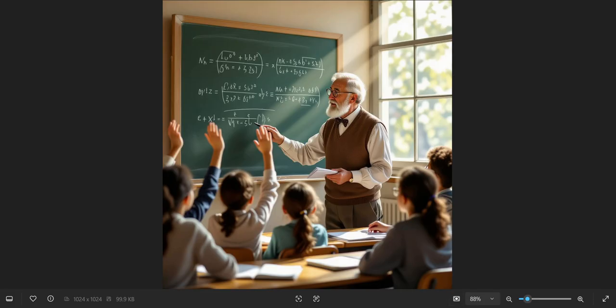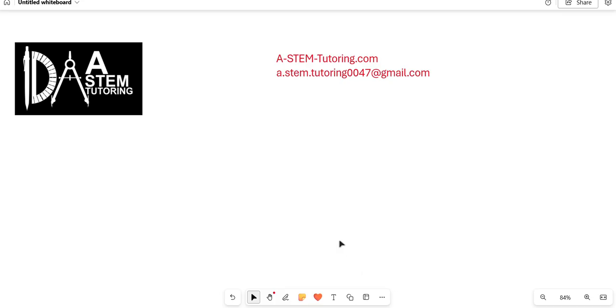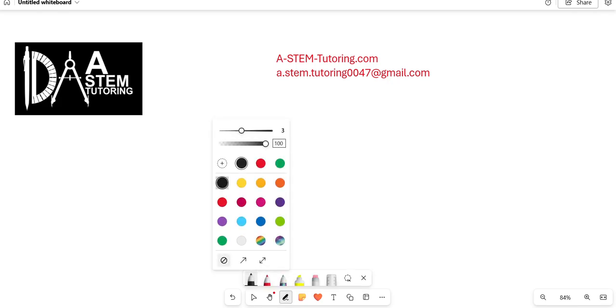So, let's go to our whiteboard here. We know that acceleration is the rate of change in velocity. Well, then that means velocity equals the integral of acceleration.